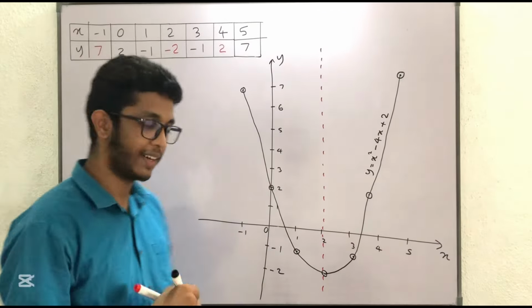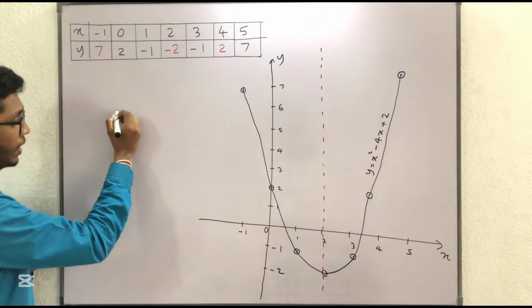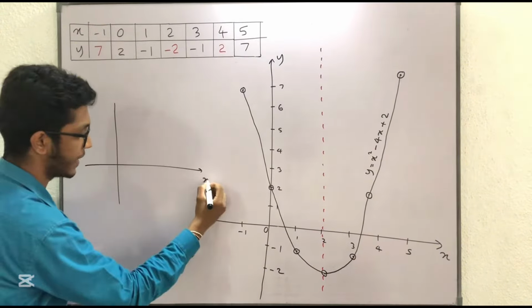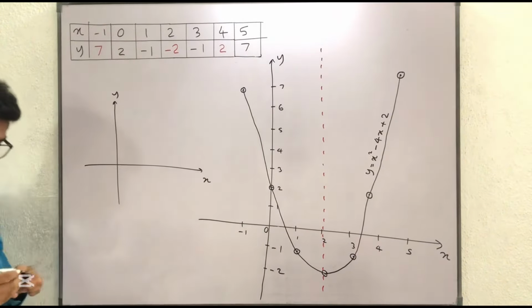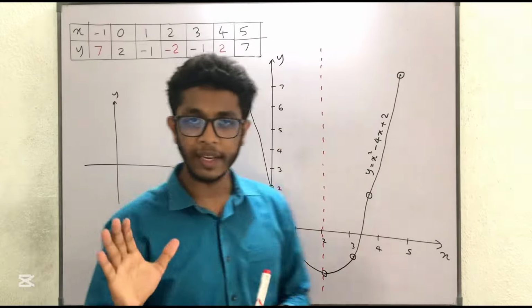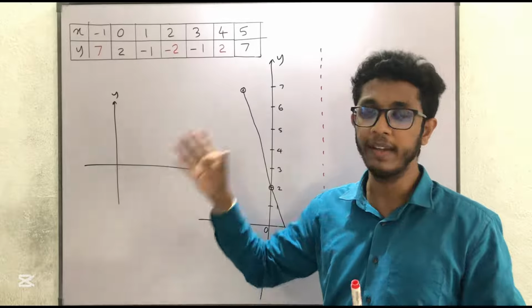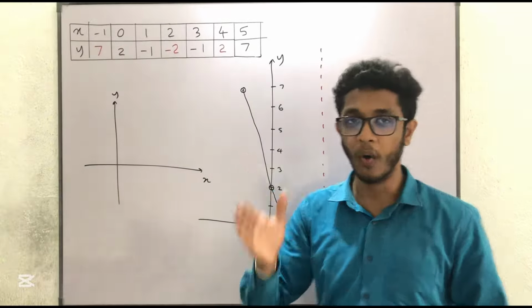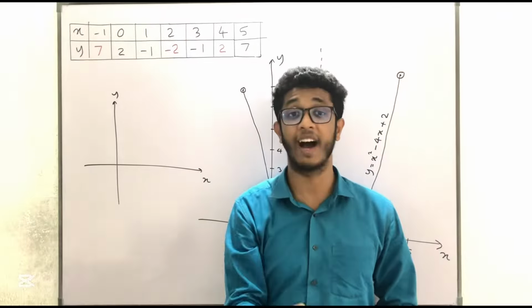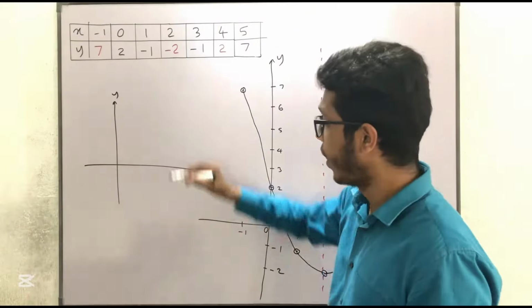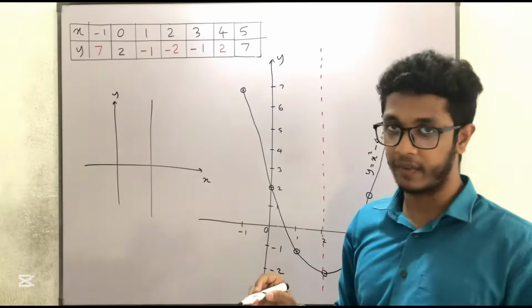So in small grades you learn that all the lines we draw parallel to the y-axis, all the vertical lines, are called x equals lines. This is an x equals line.